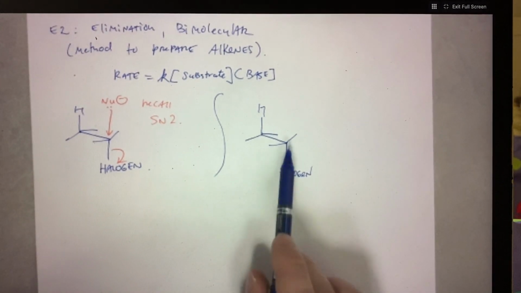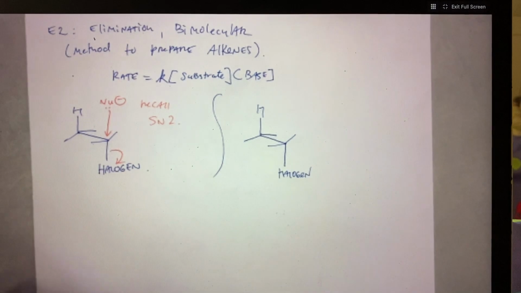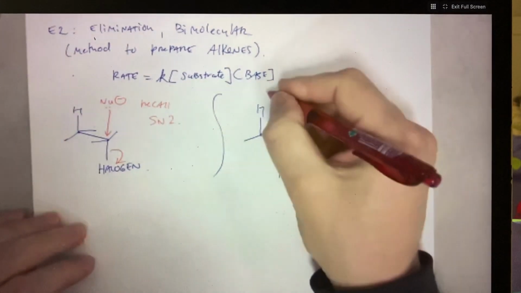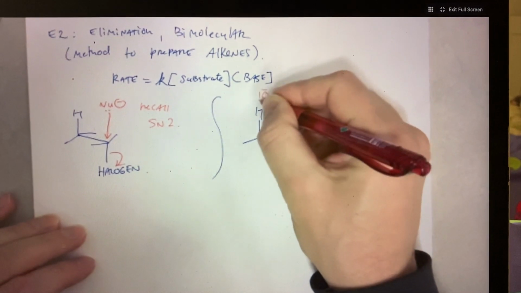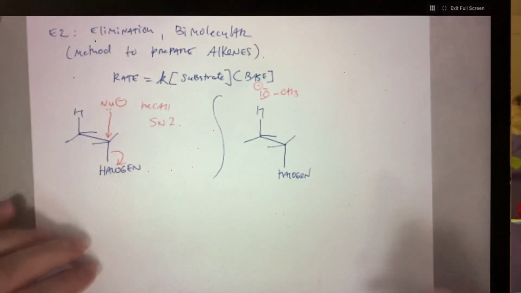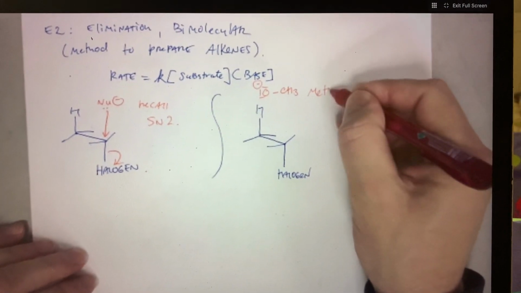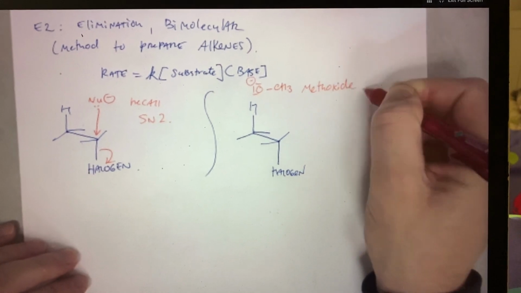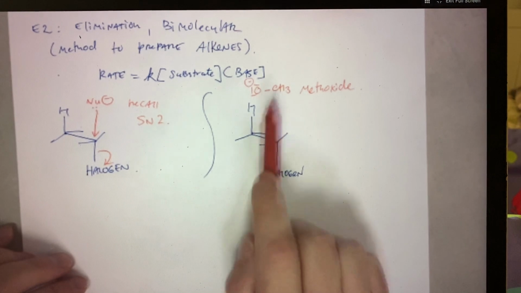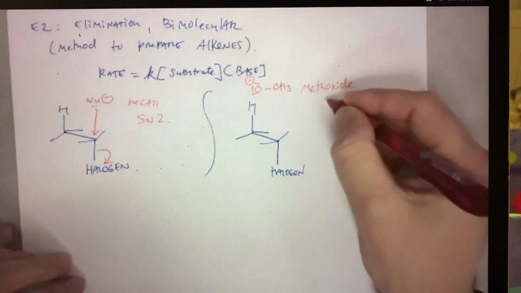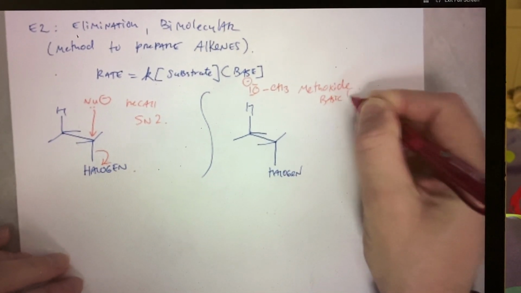Okay, we've got a halogen here, 2 carbon atoms, and a hydrogen. And now we're going to draw a base molecule. Let's draw methoxide. Methoxide is a strong base. It's just like sodium hydroxide. This could be sodium methoxide, potassium methoxide. Those things don't matter. But these are very basic compounds.